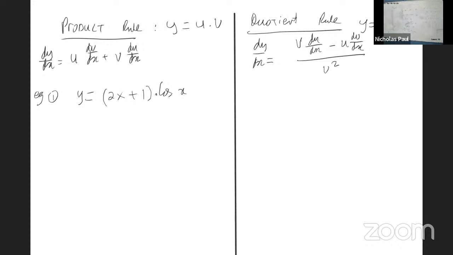Just look at product rule. Look at the whole thing: 2x plus 1 multiplied by cos x. So u is 2x plus 1. And v is what? U is 2x plus 1, so what do you think would be v?